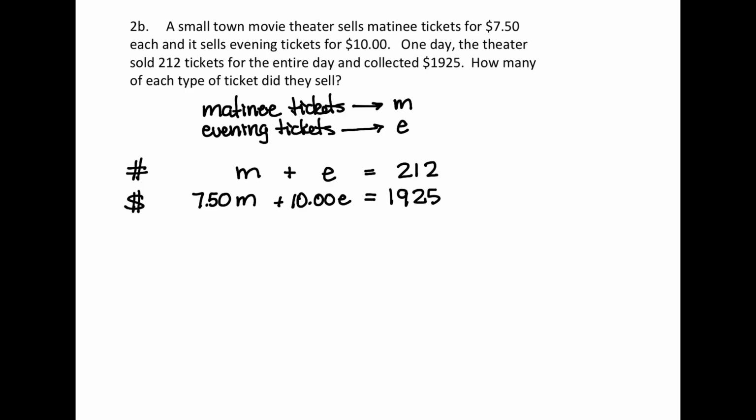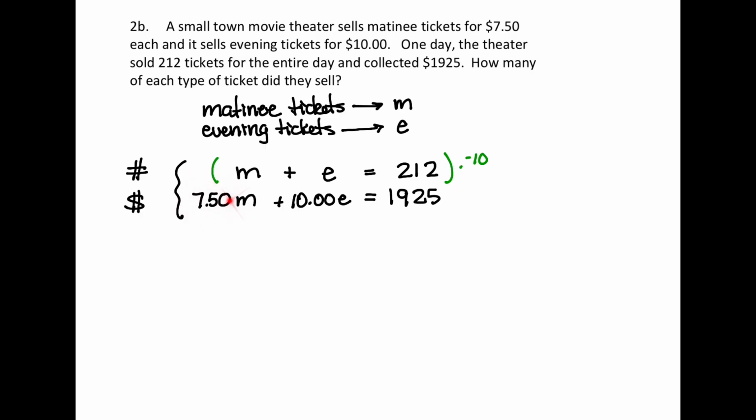Okay, so let's see, this one is set up. I'm going to multiply the top row by negative 10. It's not the smallest number, but it's the nicest number, if that makes any sense.